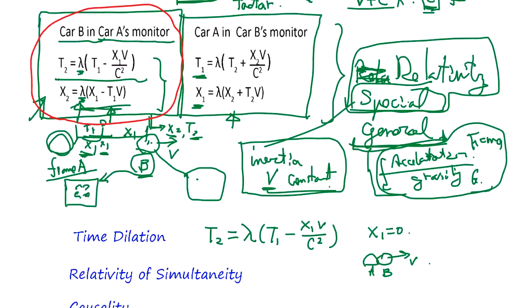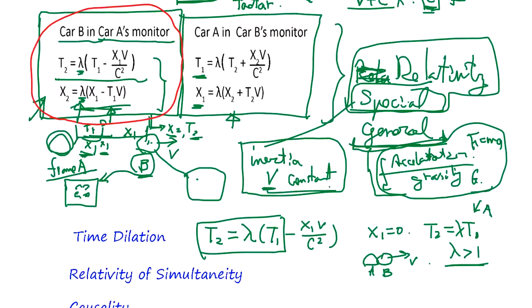Okay, so we have an equation t2 equals lambda t1, and lambda is larger than 1. Now think carefully. Okay, when something happens, t1 is the frame A world, and t2 is the frame B world.